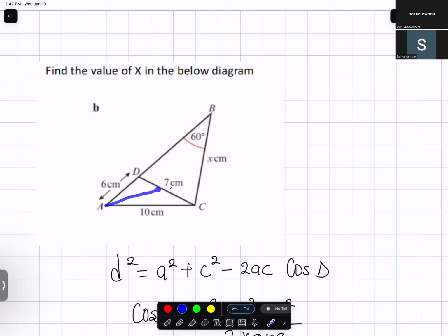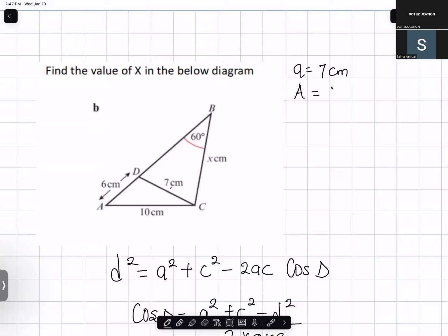So I can use my A here to find the angle at A. So using the same, we have A as 7 centimeters. Any method, any of the sides there to use will still give me the answer. So we have our angle at A as theta. Then we have C at 6 centimeters, and we have our D at 10 cm.